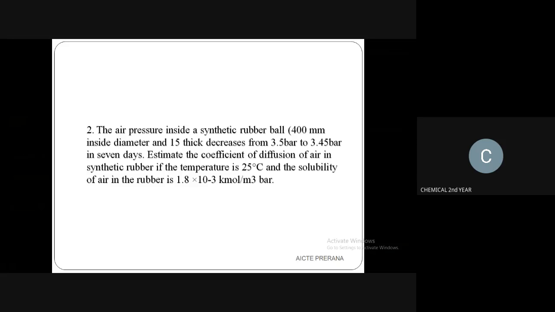Just consider a rubber ball for this problem. In that rubber ball, the air is filled.